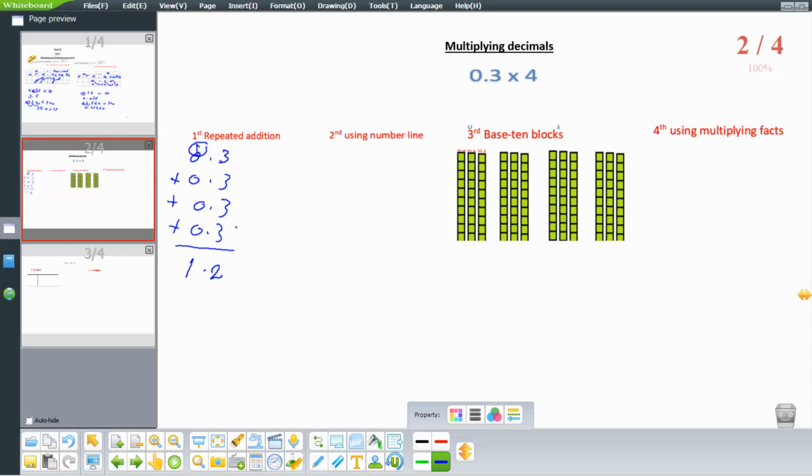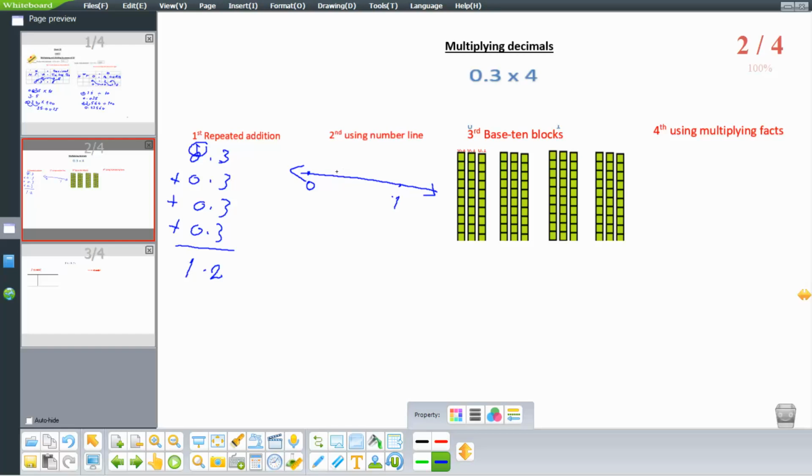Okay. If I need to, I'll use the number line. Let's draw the number line. Consider this is 0 and this is 1.